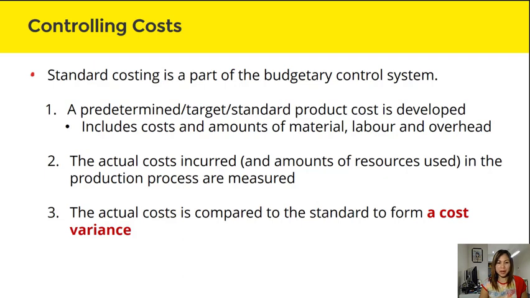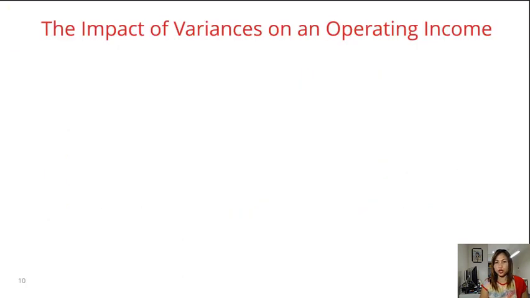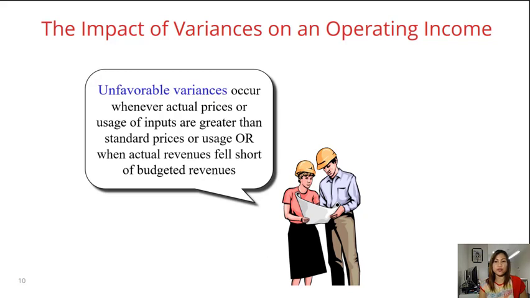So what is the impact of cost variance on your operating income? Once you finish your calculation, investigating the difference or the variances between the budget or standard with the actual cost, then you will also need to think about the impact of variances. They can be classified as unfavorable or favorable. Unfavorable variance for revenue items means the actual revenue is less than budgeted revenue.